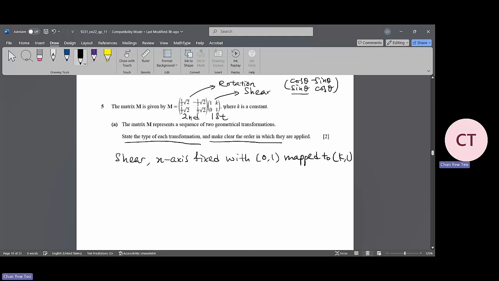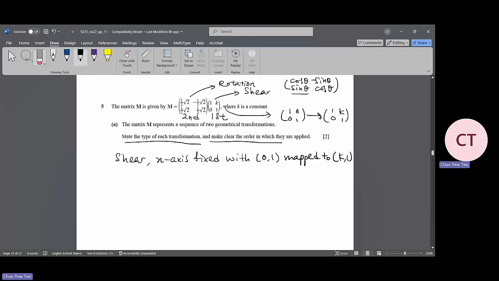Okay, because over here the original matrix is identity 1, 0, 0, 1 and it's mapped to 1, 0, K, 1. So this is what it means by the shear.